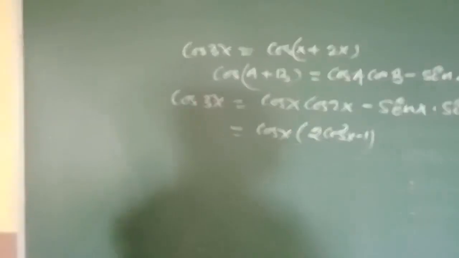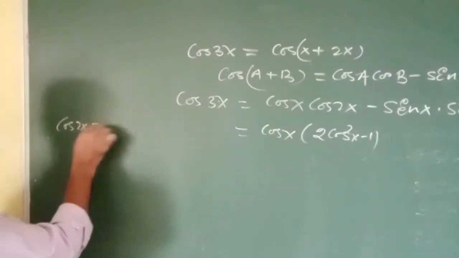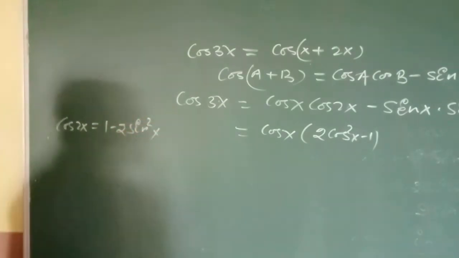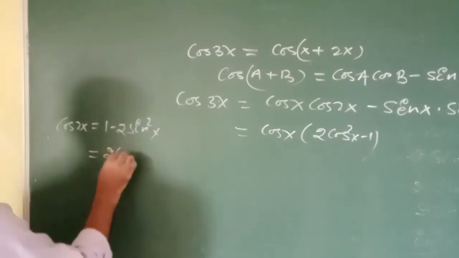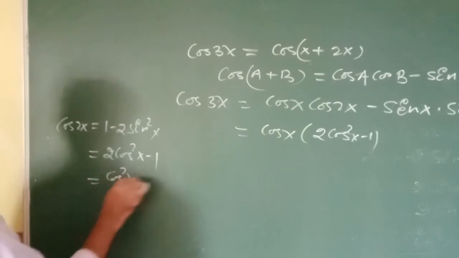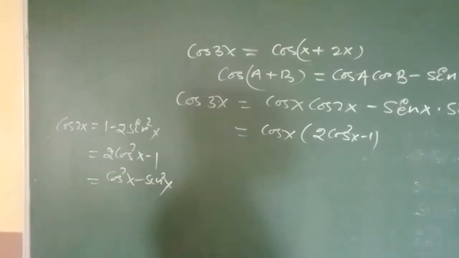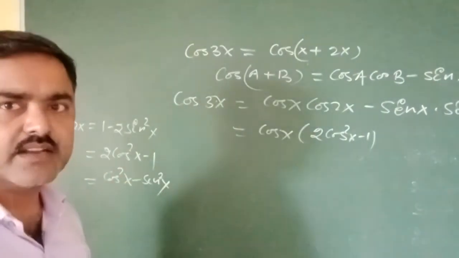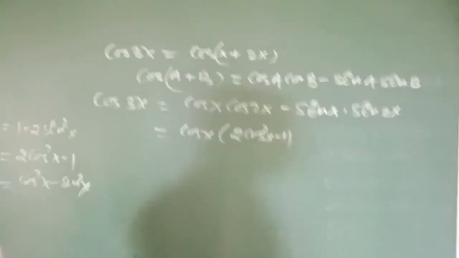Because as you have seen, cos 2x is equal to 1 minus 2 sin square x in terms of sin x, and in cos x 2 cos square x minus 1, and in both cos square x minus sin square x. So these are the three forms of cos 2x. So you will apply here 2 cos square x minus 1. Clear students?